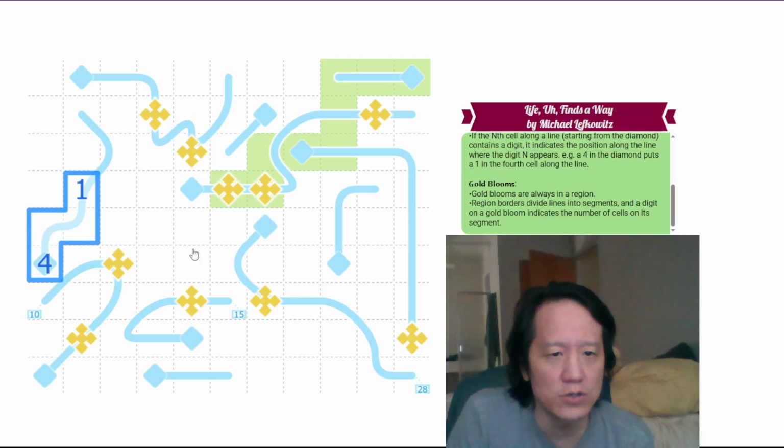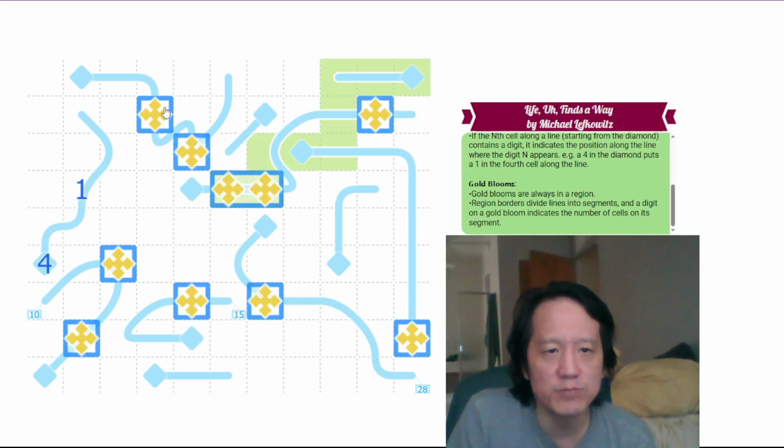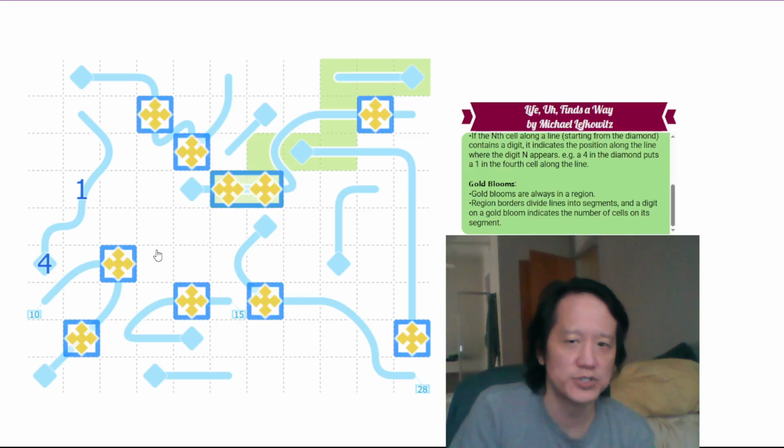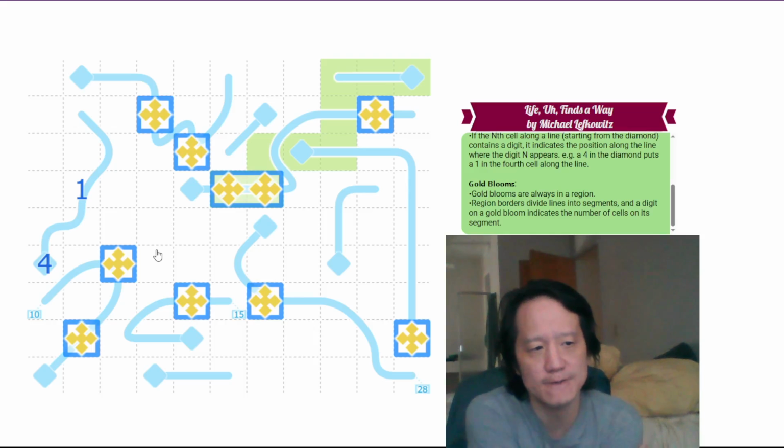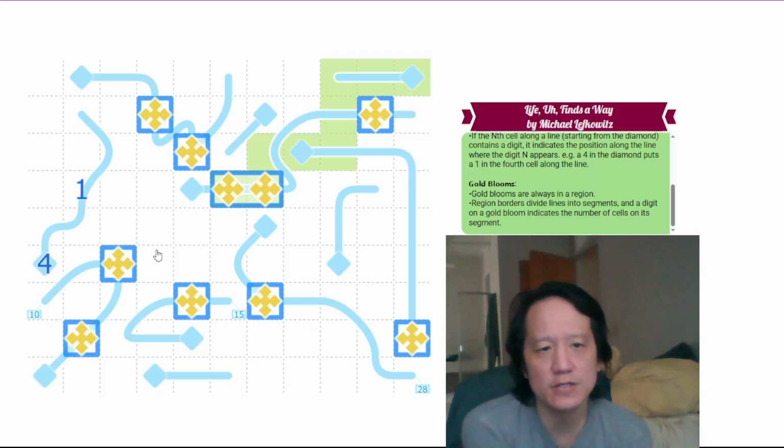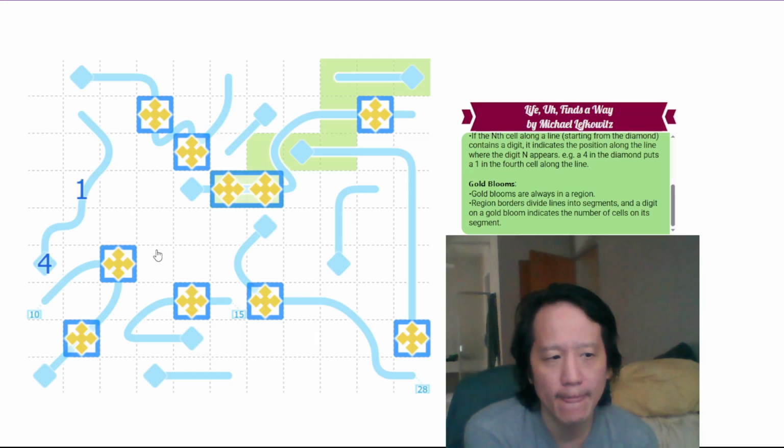So all of these blooms are always in a region, so that means they always have a digit in them. And region borders divide lines into segments, and a digit on the gold bloom indicates the number of cells on its segment. Interesting.